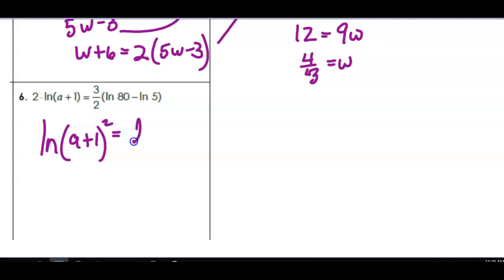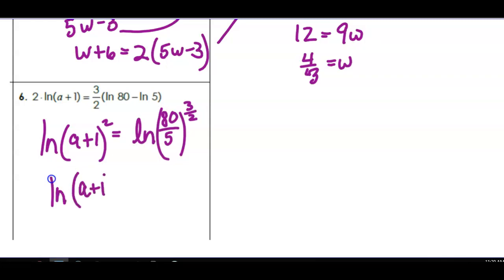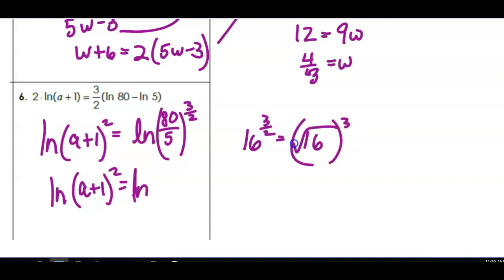So I'm going to write 80 over 5, and then to the power of 3/2, which is this is 16, and 16 to the 3/2 would be 16 square rooted and then cubed, which would be 4 cubed, or 64.